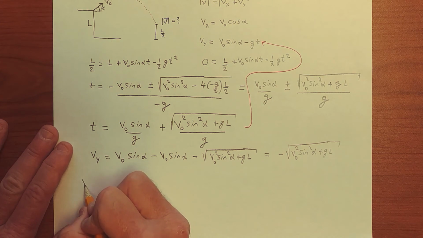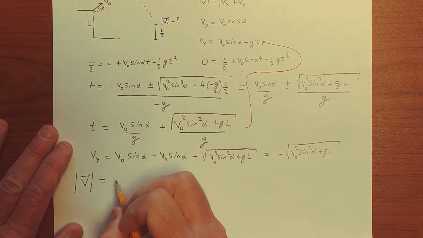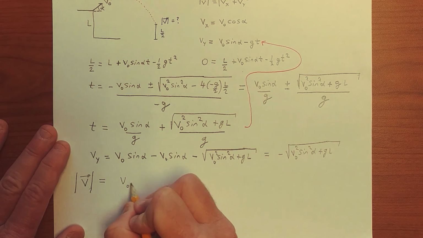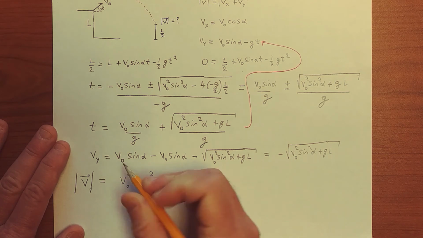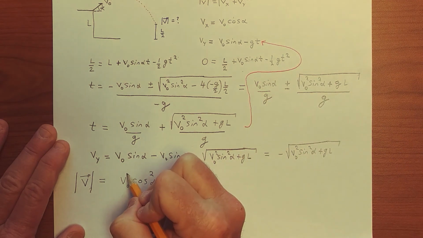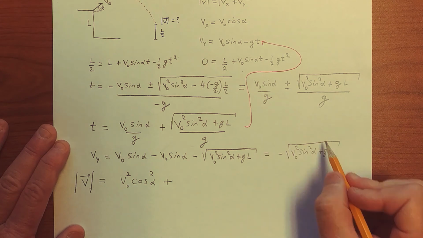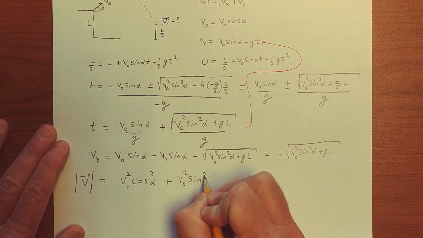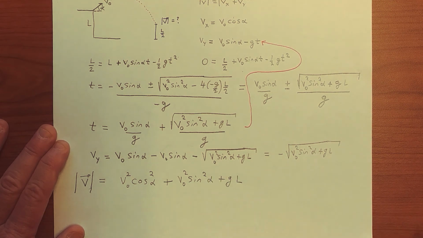And now we can construct our speed at that height, which is the square root of Vx squared, which is V naught cosine alpha squared, plus our Vy squared, so we'll just get plus V naught squared sine squared alpha plus GL.